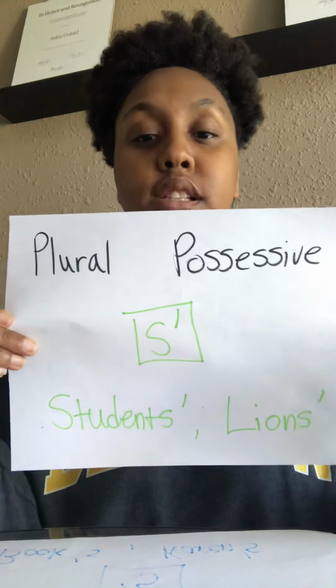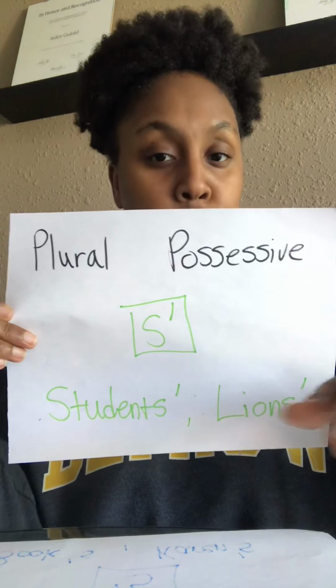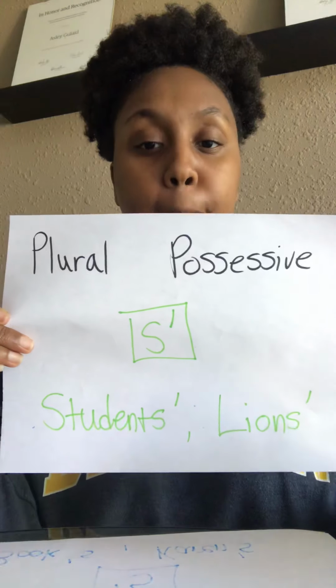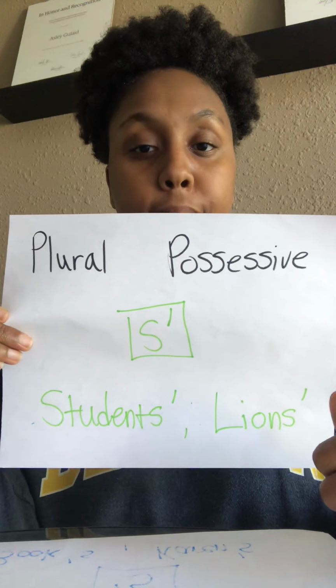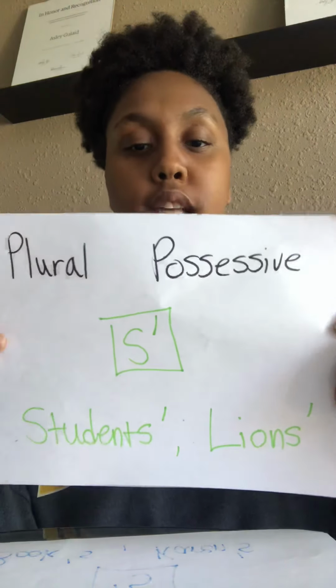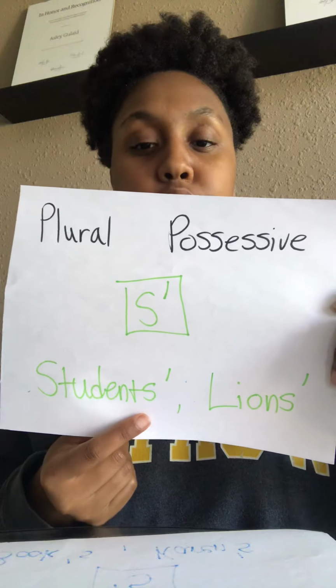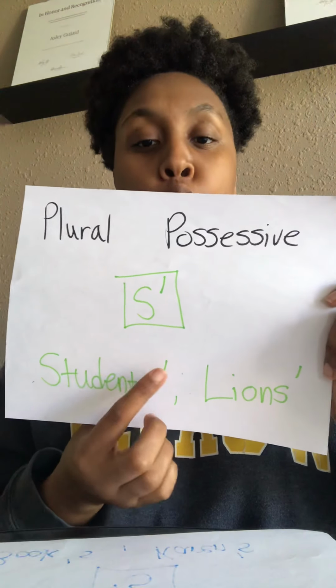Now, what does the plural possessive noun have? The S and then the apostrophe. You're absolutely correct. So, like students, I knew it was plural because students was right before the apostrophe.